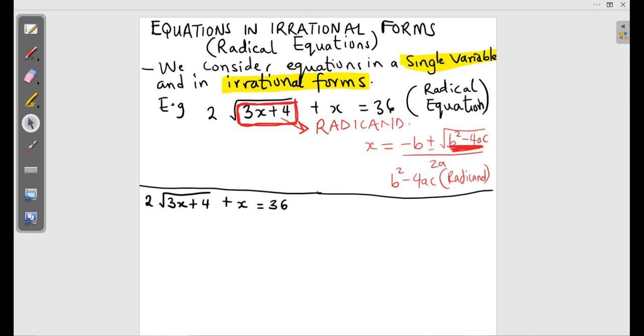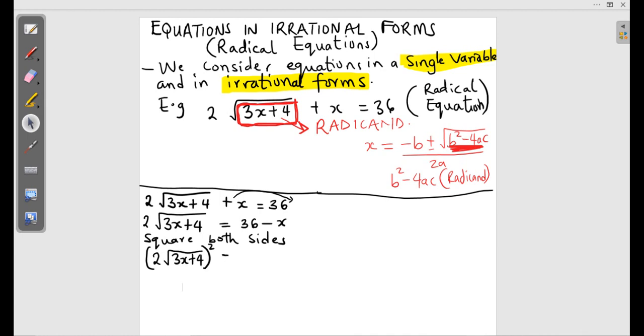The first thing I'm going to do is move this x, and that gives me 2 roots 3x plus 4 equals 36 minus x. You can decide to square both sides, which gives 2 roots 3x plus 4 equals 36 minus x all squared.